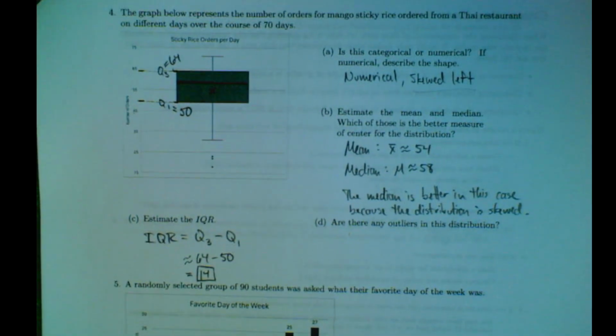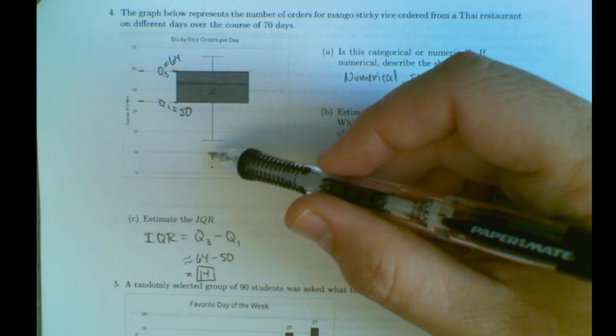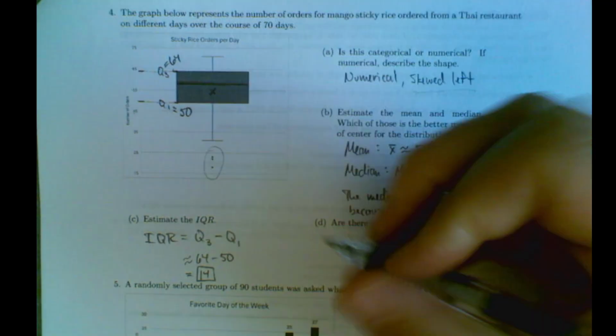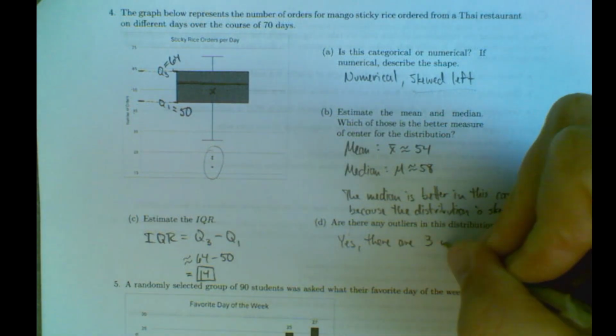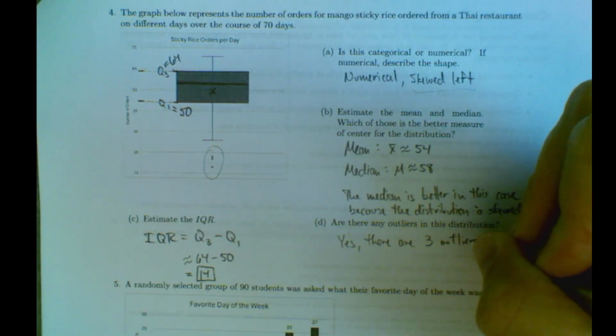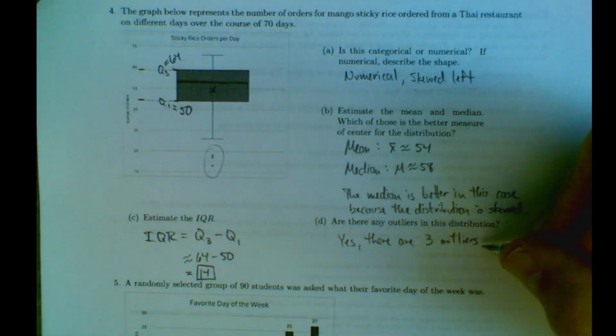And then finally, part D says, are there any outliers in this distribution? Yes, clearly, right? These three are outliers. Yes, there are 3 outliers. And we might want to identify them.